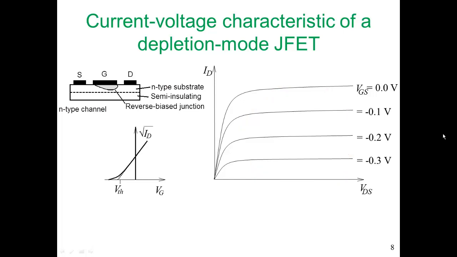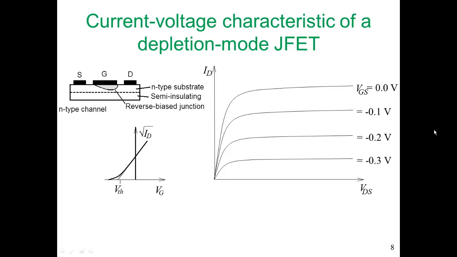Another way of looking at the FET is to consider what are called its input characteristics. What is plotted there on the left is the drain current versus VG. Turns out it's usually more linear if we plot the square root of ID versus VG. That's a very common thing to do with MOSFETs, and so it tends to be used with JFETs as well.